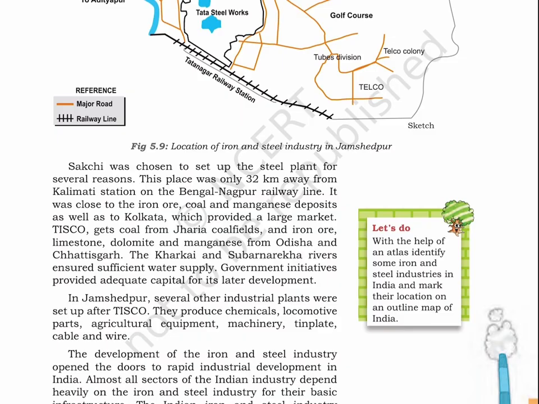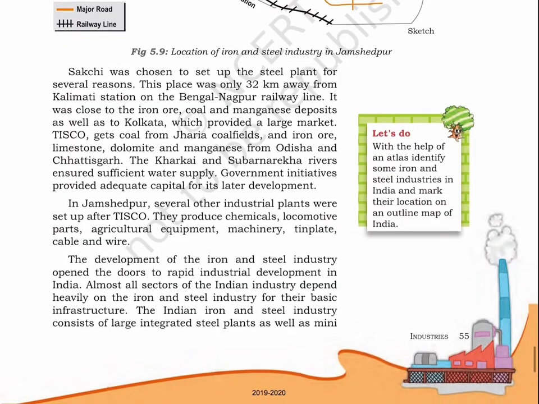Sakchi was chosen to set up the steel plant for several reasons. This place was only 32 km away from Kalimati station on the Bengal-Nagpur railway line. It was close to the iron ore, coal and manganese deposits as well as to Kolkata, which provided a large market.